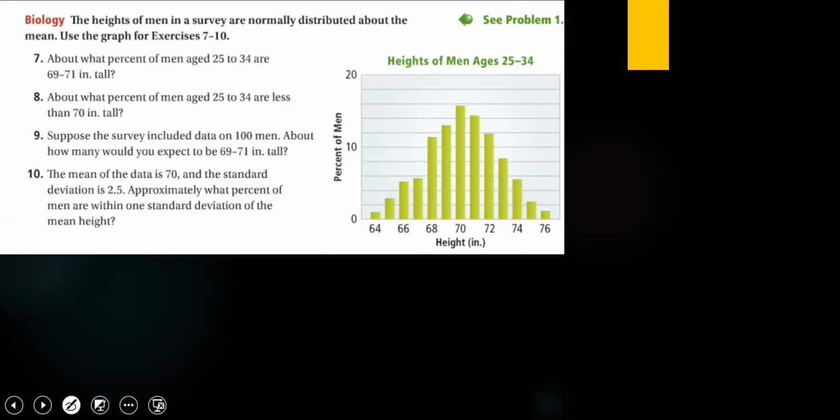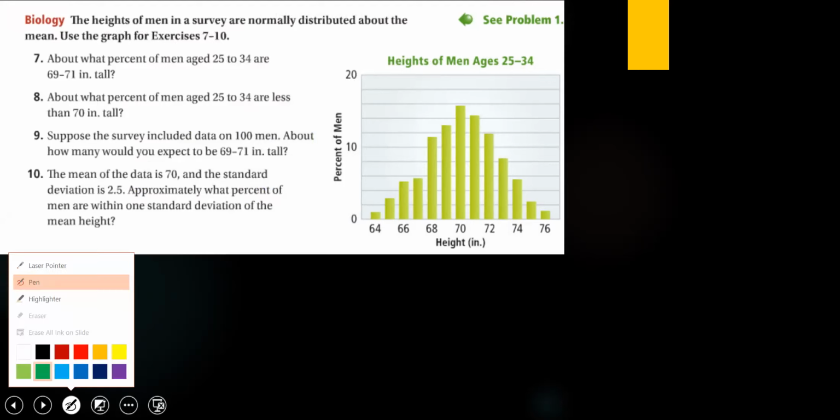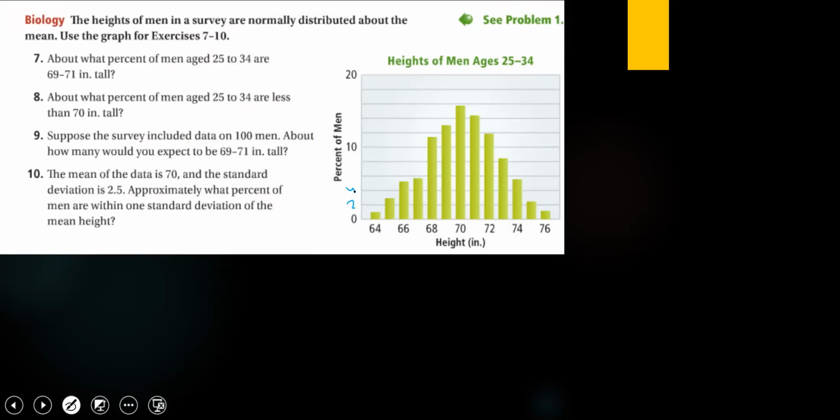They found that 1% of men between 25 and 34 are 64 inches, and 3% are 66 inches.